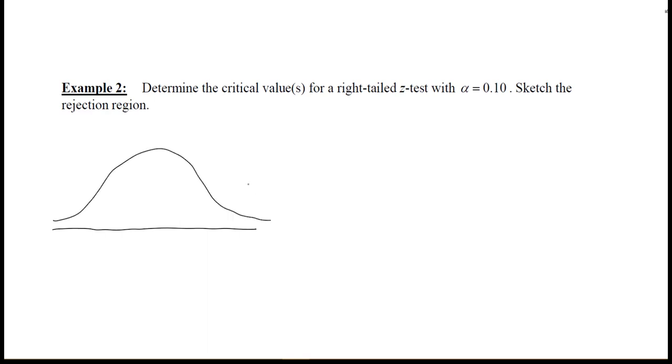Okay, so right-tailed test, that's going to come over here, and all the alpha goes into this one tail. So this time we don't split it in half. We have a one-tailed test. And so then what do we label this color change point, or critical value? This is going to be z.10. So my alpha is 0.10.